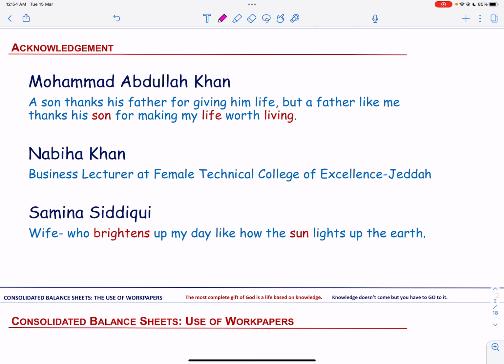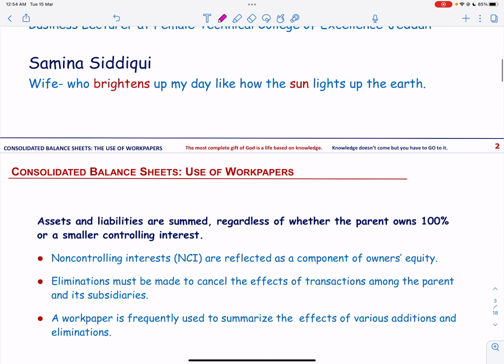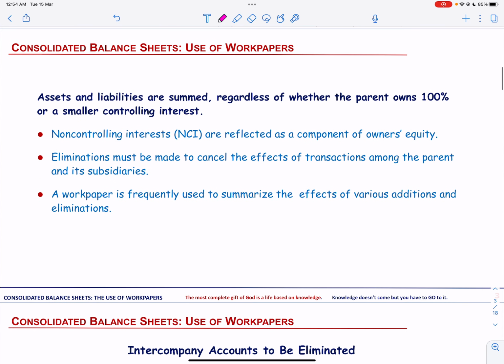Let us start with work papers. On the date of acquisition, the most relevant statement is the consolidated balance sheet. The consolidated balance sheet reports the sum of the assets and liabilities of a parent and its subsidiaries as if they constituted a single company.